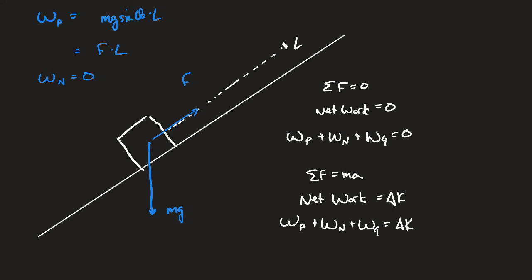And yeah, it's true that there's a component of the weight down the ramp, which we know is equal to mg sine theta. On the other hand, the work done by the gravitational force could also be based on this angle, and that would be mg cosine of 90 plus theta times L.